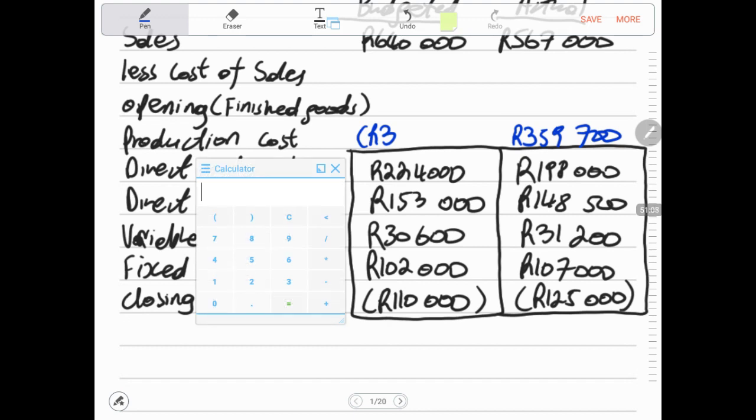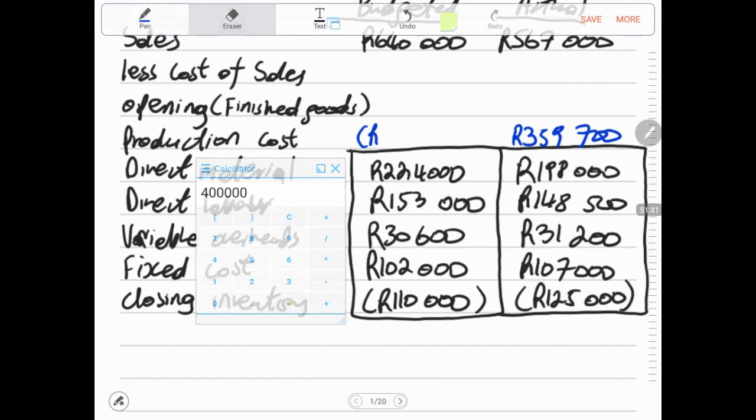399,600. Just confirming again: 224,400 plus 153,000 plus 30,600 plus 102,000 minus 110,000.